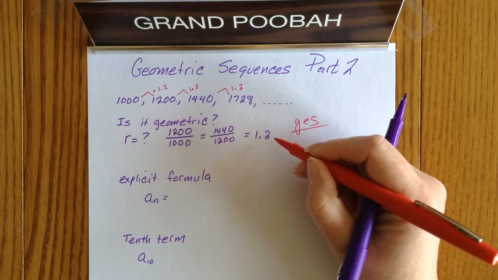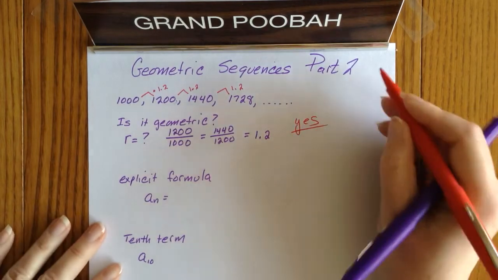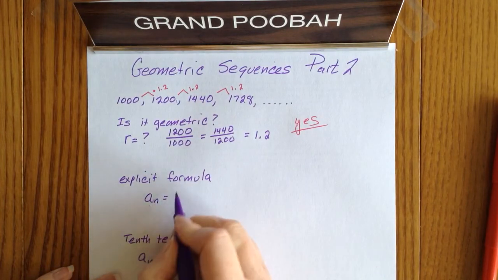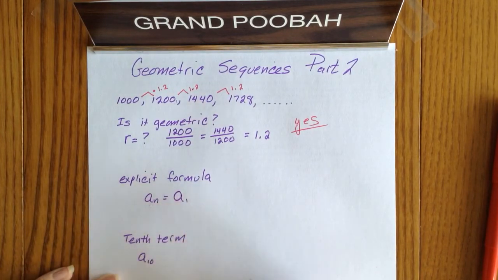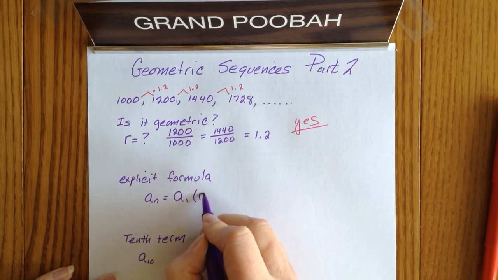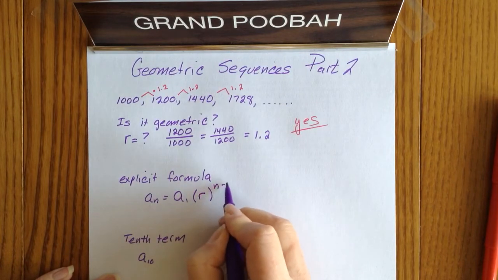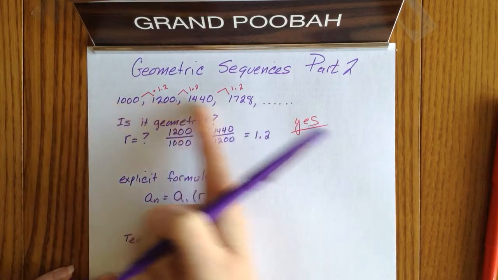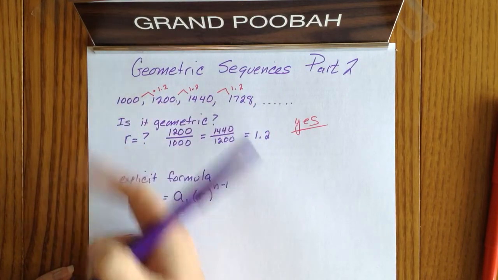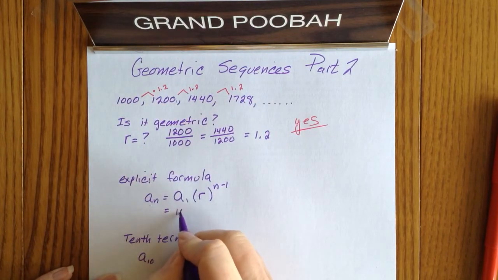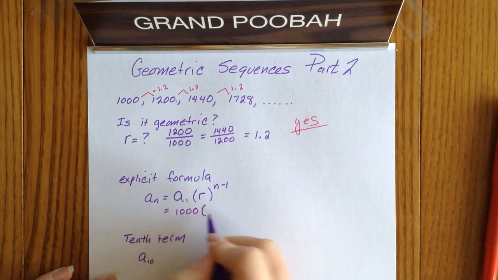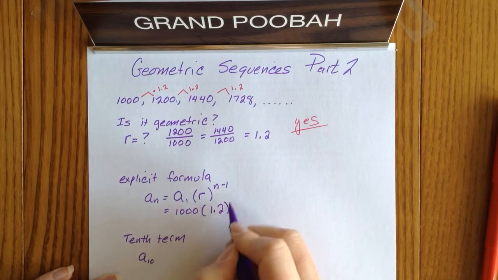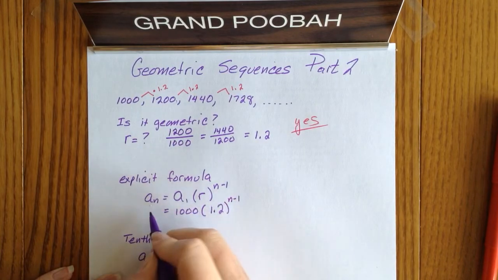Now, from part 1, we recall that the explicit formula is A1 R to the n minus 1. So if we want to write the explicit formula for this sequence, we need to fill in this A1, this R, and the variable is n.